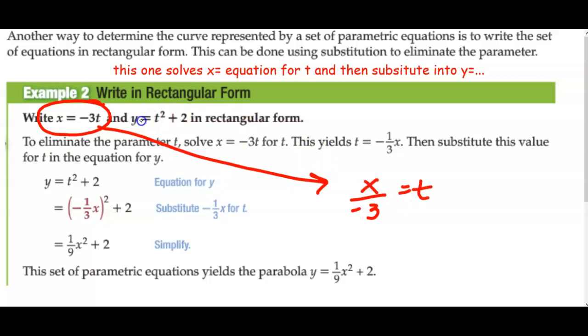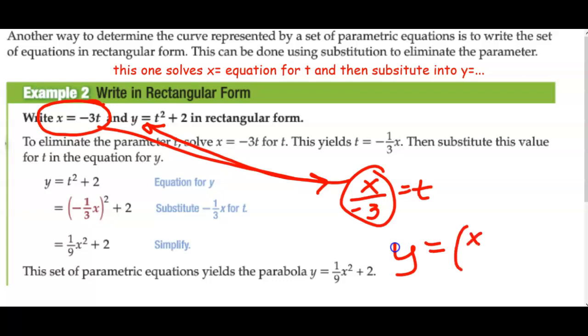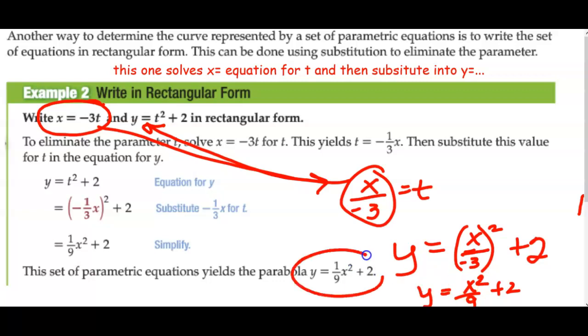And then I'm going to plug that in this guy for the t. So it will say y equals x over -3 squared plus 2, which when I square that, I get x squared over 9 plus 2. Or they wrote it here as 1/9 x squared plus 2.